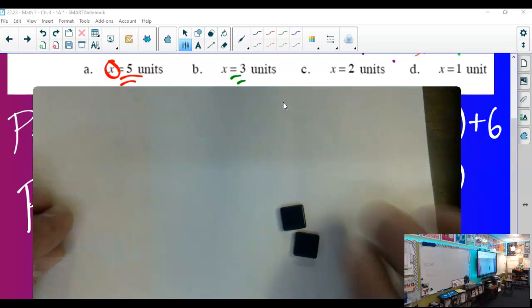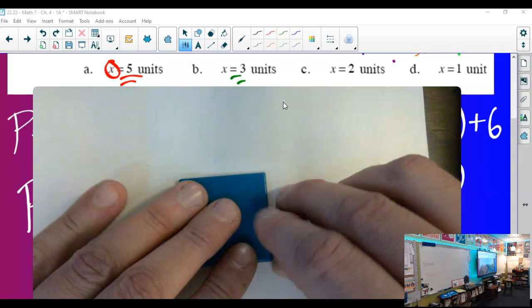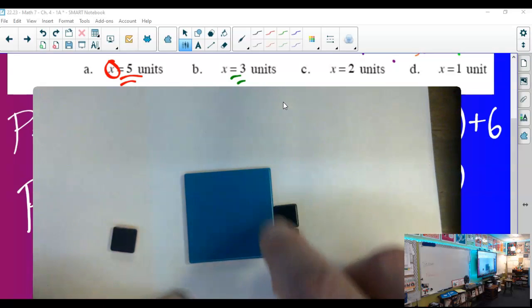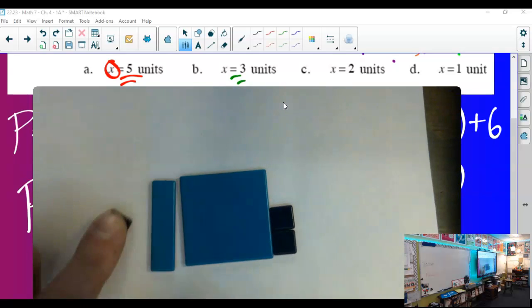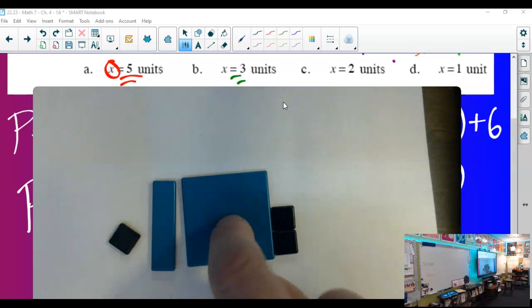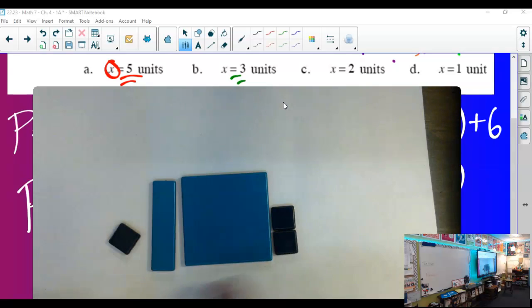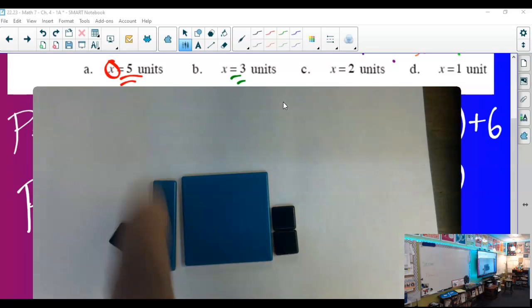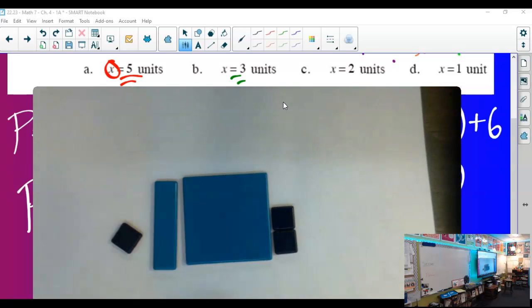But guys, imagine if the length of x became 1. What would 1 squared be? 1. What would the x tile be?